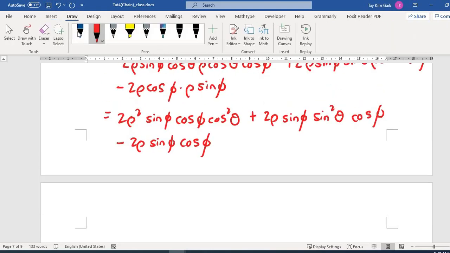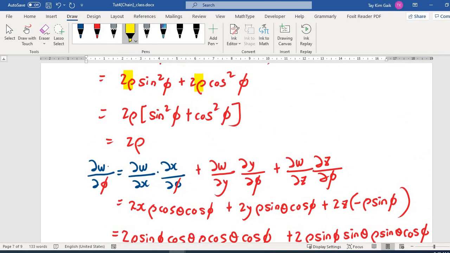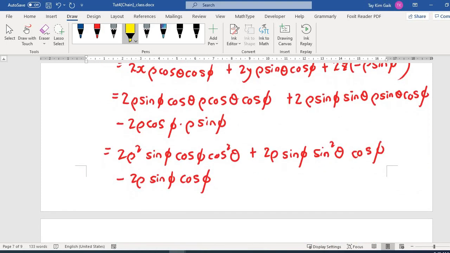Factor out rho, so this will be rho squared, and you get 2 rho squared sin phi cos phi.